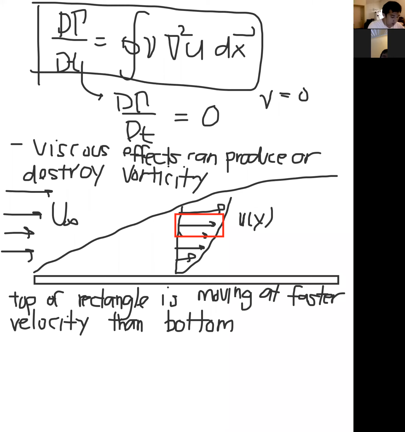If the top of this rectangle is moving faster than the bottom, then looking at the same rectangle over here, the rectangle is going to rotate a little bit. It might look something like that, not exactly, but there's going to be some rotation.